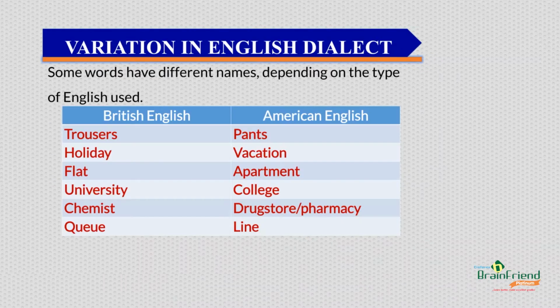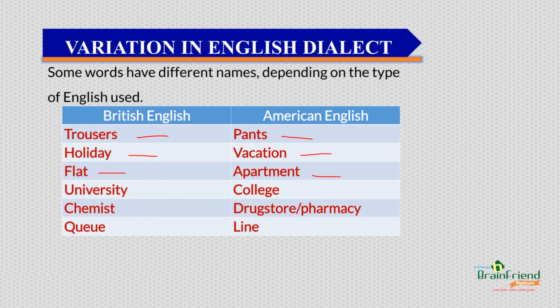Now, some words have different names depending on the type of English used. For the British English, it is called trousers, and for the American English, it is called pants. Also, in British English, it is called holiday, and for the Americans, it is called vacation. The British call it flat, while the Americans call it apartment.